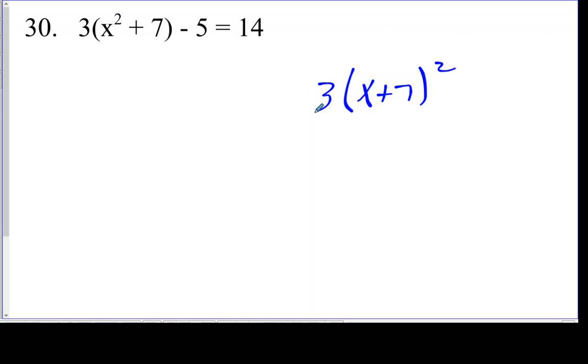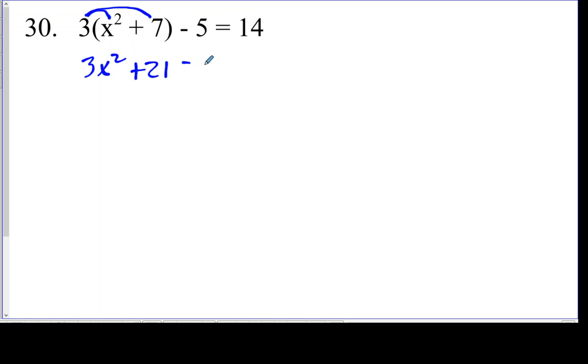can you distribute the 3 first? No, you've got to do the exponents first. So you could divide by 3 to get rid of the parentheses, but it's not like that. But in this one, the exponent's not outside the parentheses, so you could distribute the 3, and what if I did it that way? I could say, alright, 3x squared, and then distribute it here, plus 21 minus 5 equals 14.